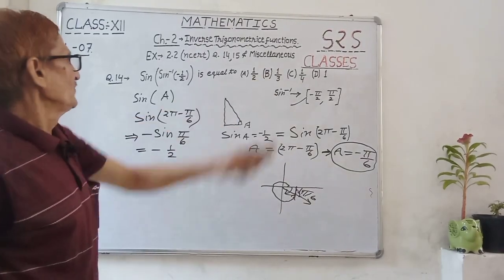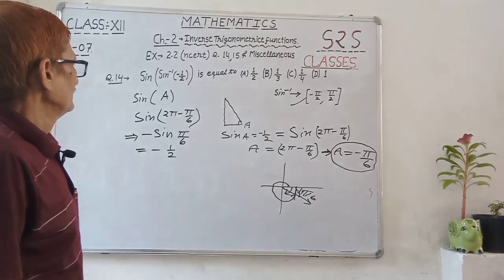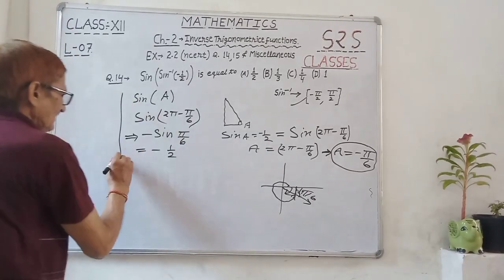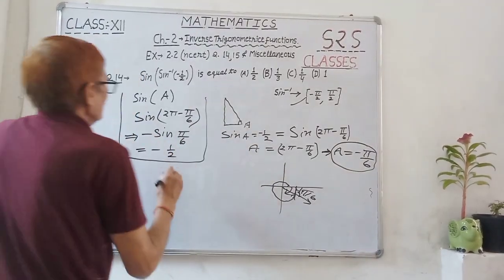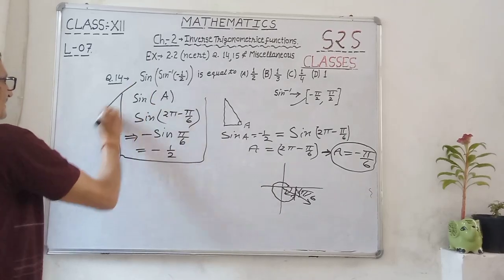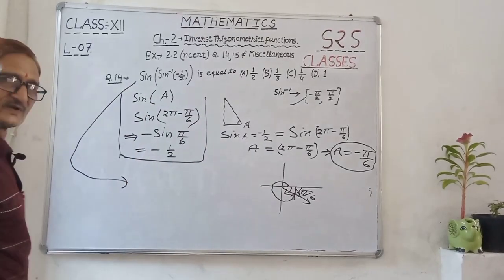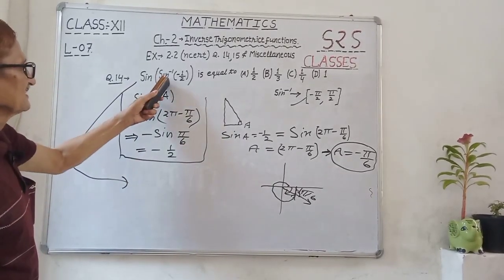But here the option is positive. Where is the mistake? We should check. Now once again you can see this by the other method.